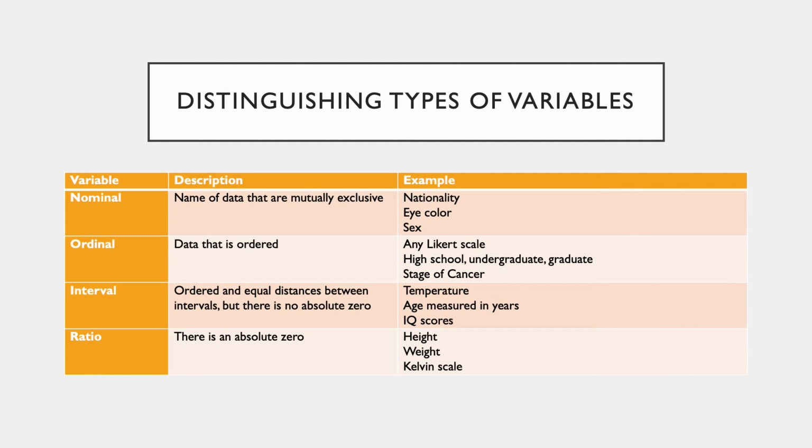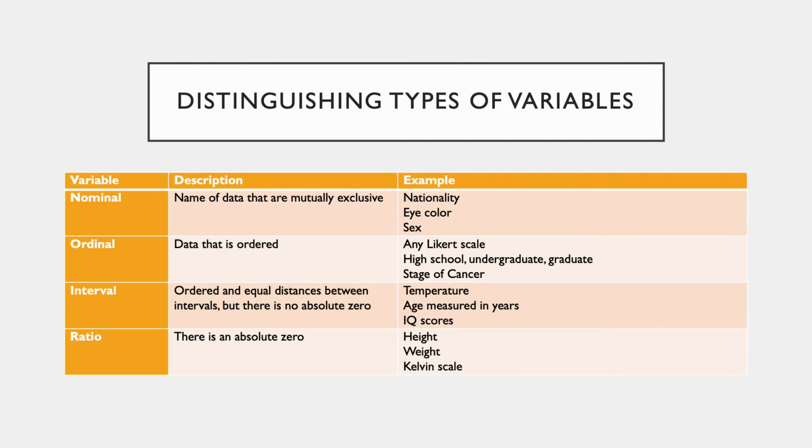Now that we've reviewed the different types of variables, I want to provide you this table, which you can also find in your textbook. The table is useful because it shows you a basic description of nominal, ordinal, interval, and ratio, but it also gives you some examples that will hopefully help you to understand it better.